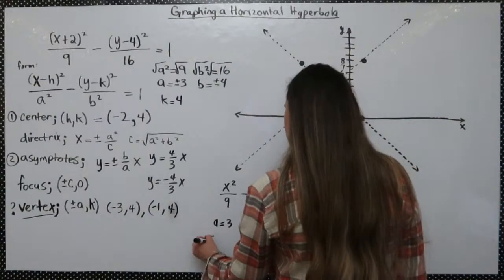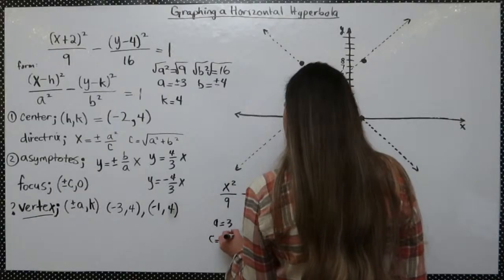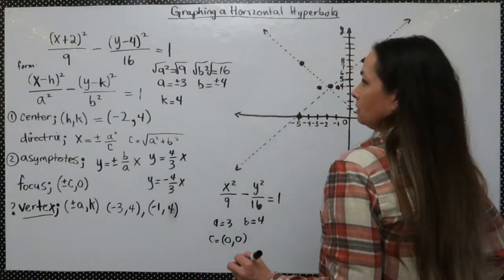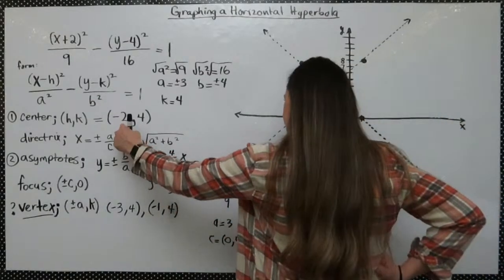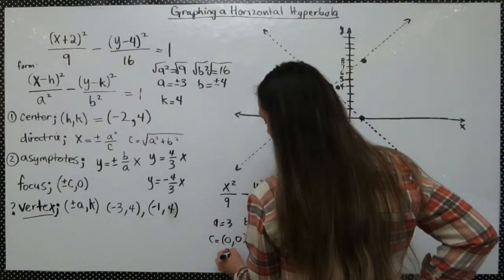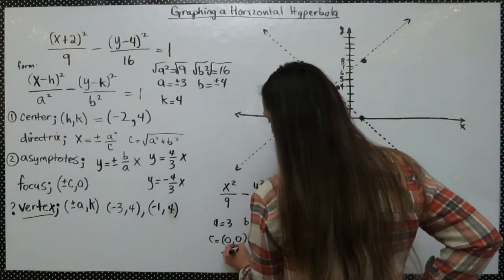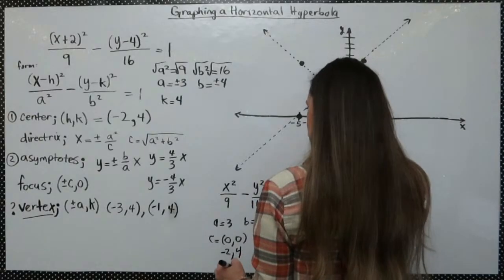Only your center here is going to be at 0, 0. So we had to shift down 2 and to the right 4 to get to the center.